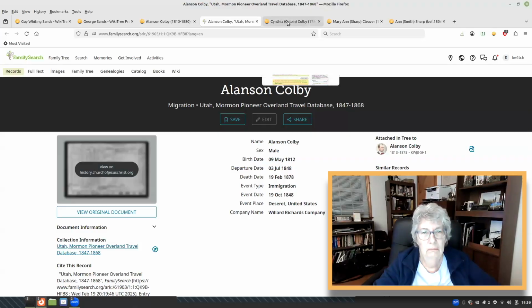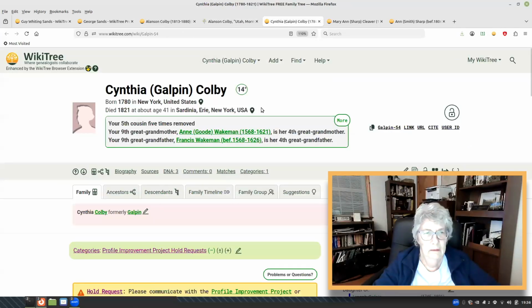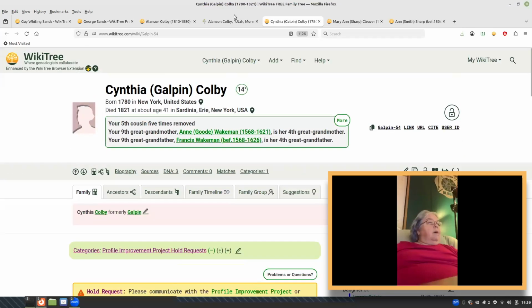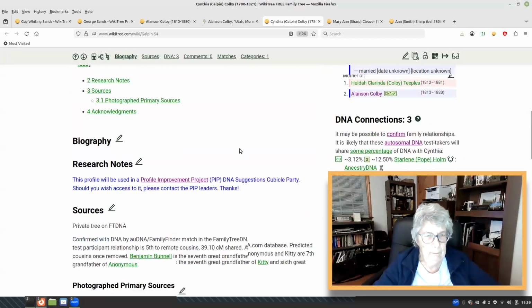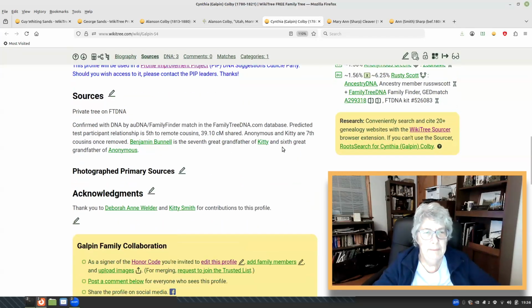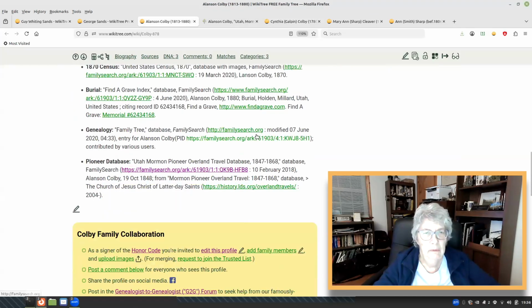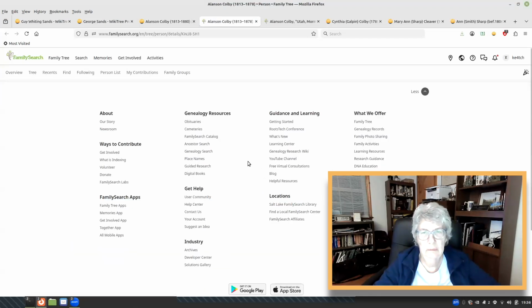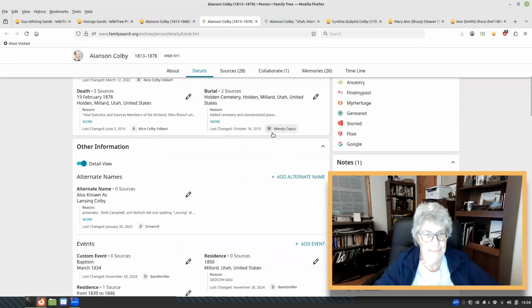Wow. Left for the West in 48. There's no evidence of the relationship. There might be something if we dug into this and started to look at some of the sources, since he was a Mormon pioneer.